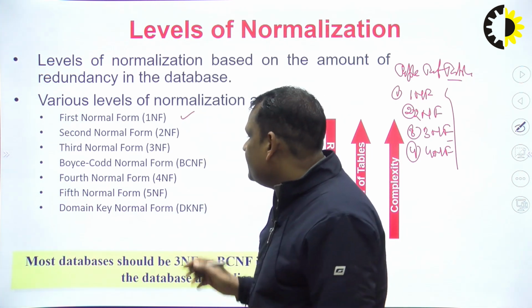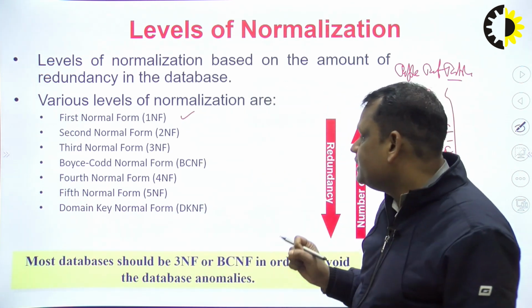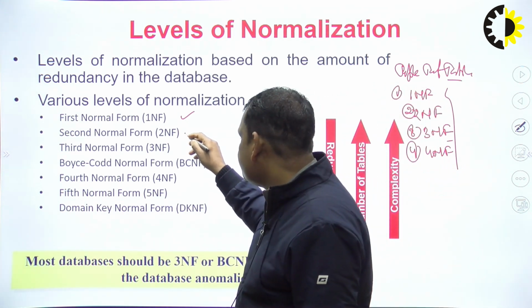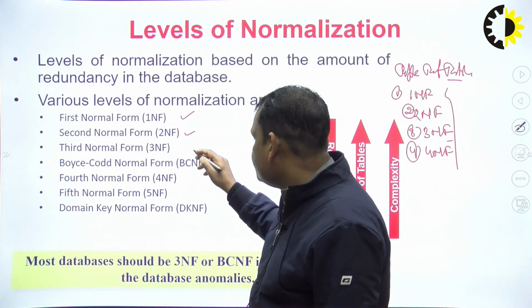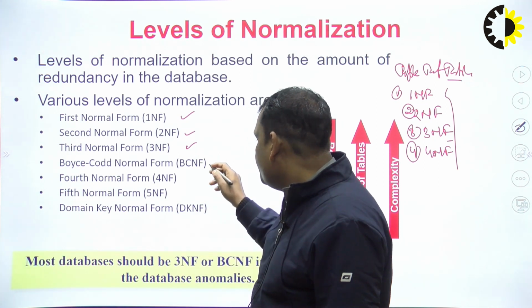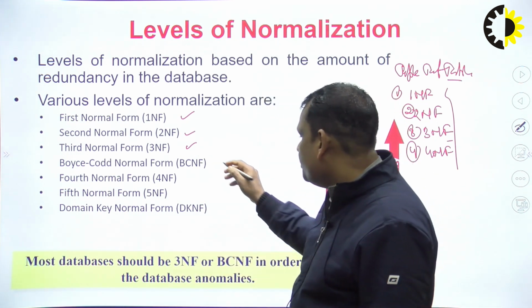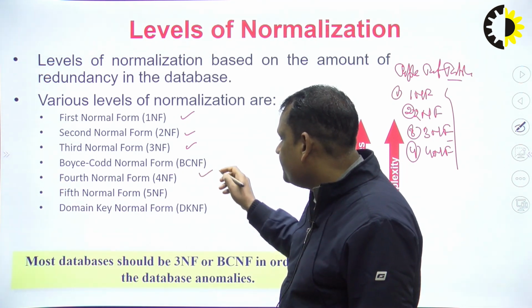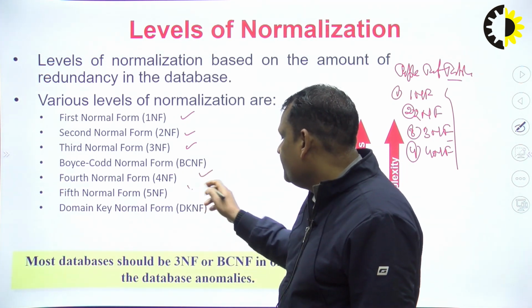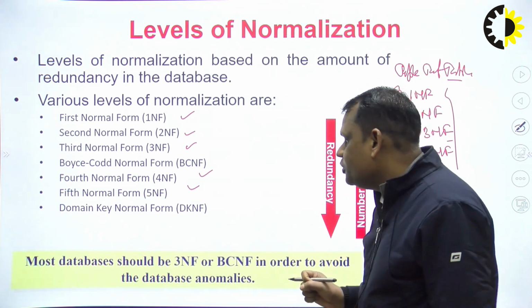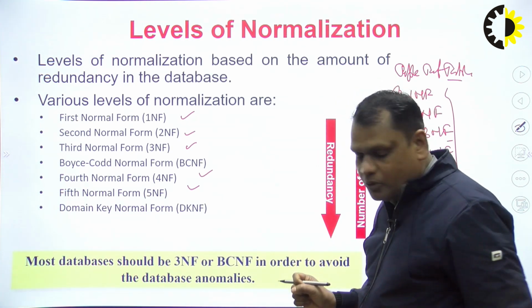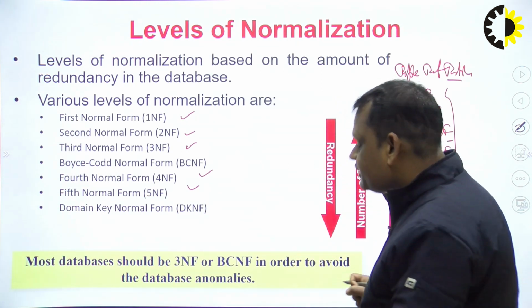First is first normal form, second is second normal form, third is third normal form, and fourth is BCNF. Then fourth normal form, fifth normal form, and domain key normal form is the last normal form.